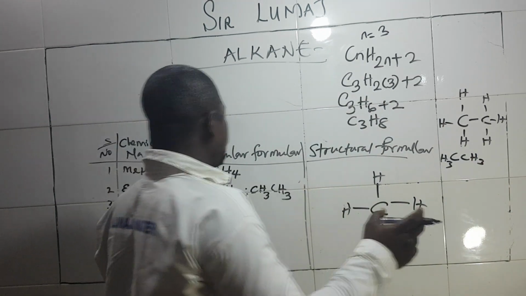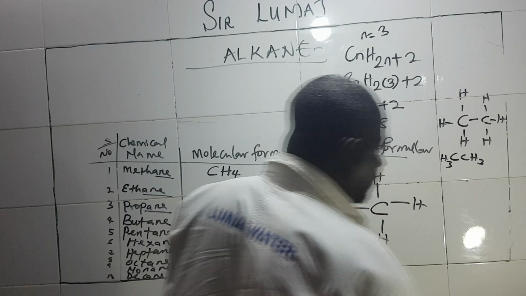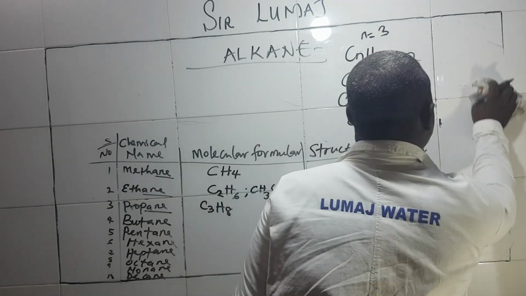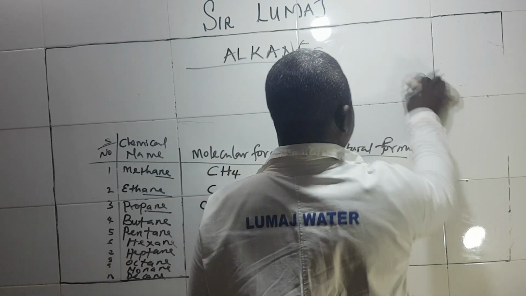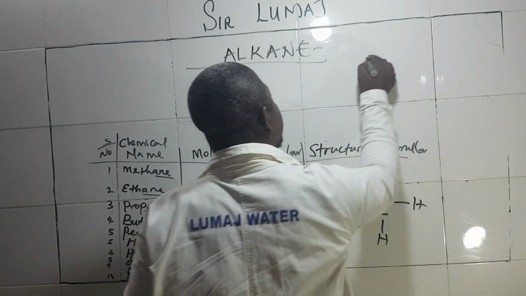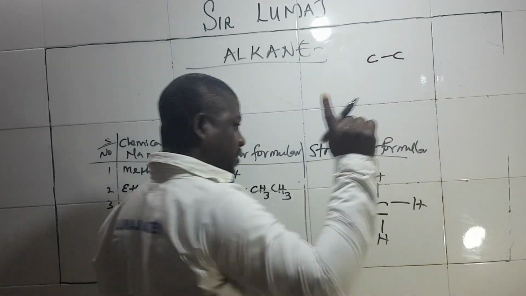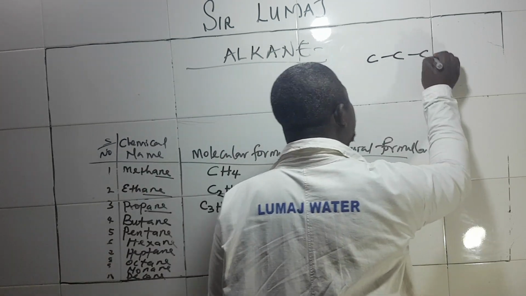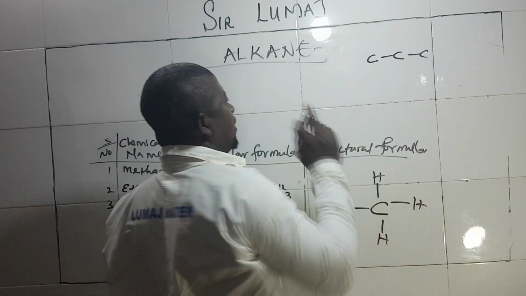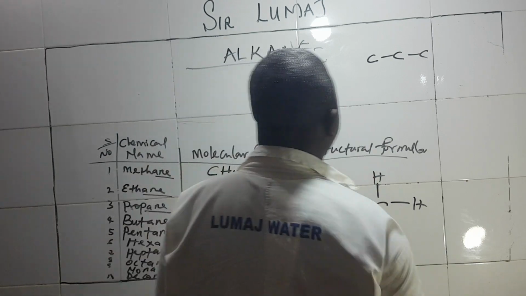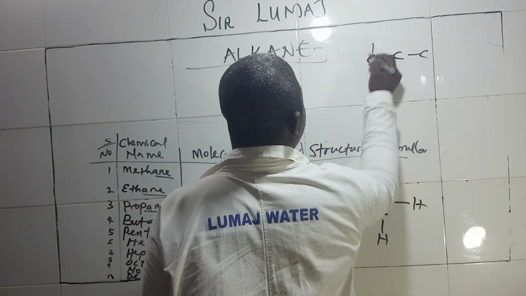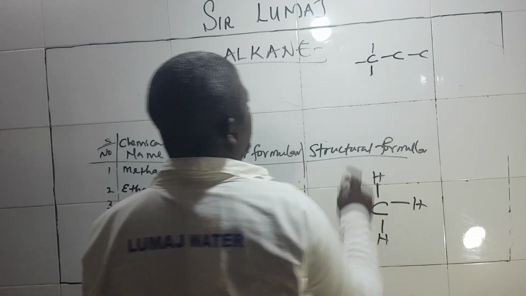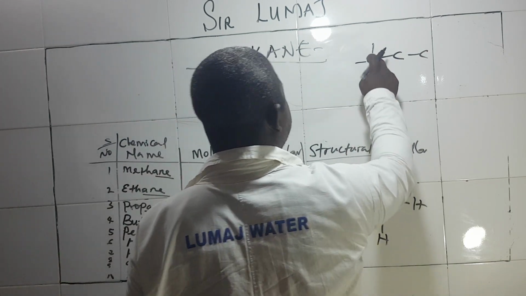Is that clear? So for propane, we are going to have carbon to carbon first, single bond. Then the third one, so either you add it to the front or you add it to the back. Now, obeying the law of tetravalency, if you look at this carbon, you already have 1, 2, 3, 4 bonds surrounding this carbon.